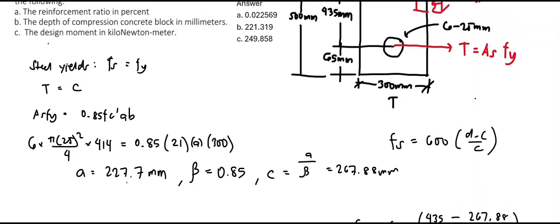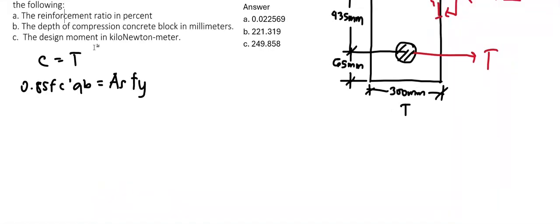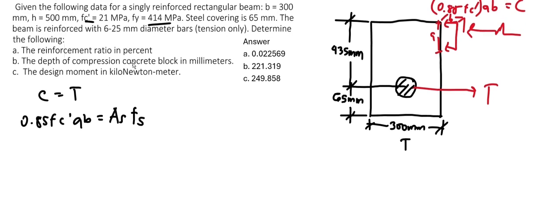Therefore, we need to revise our assumption and solve for A again. Since our initial assumption, that is steel is yielding, is incorrect, we need to revise our equation. So let's try to assume that steel will not actually yield. Instead of using Fy in our equation, we will use Fs, that is the actual stress felt by the steel, which is less than Fy.